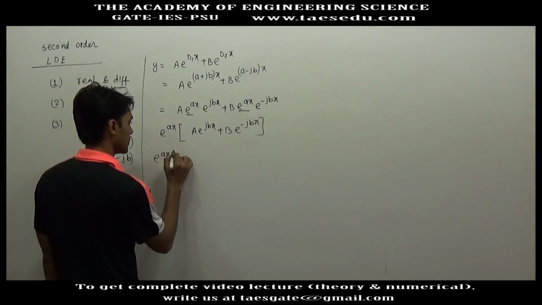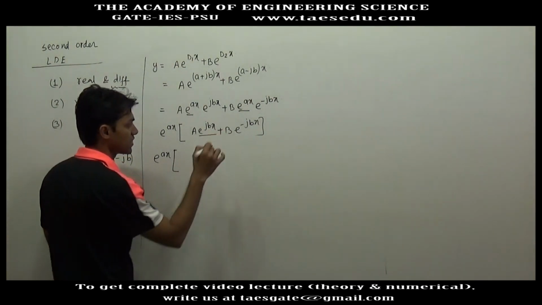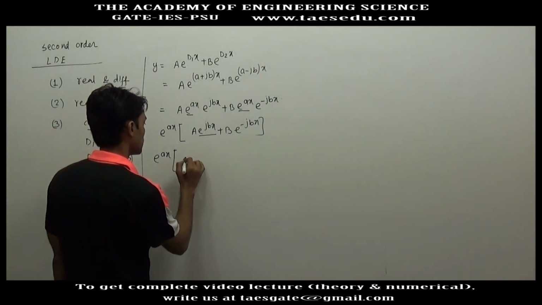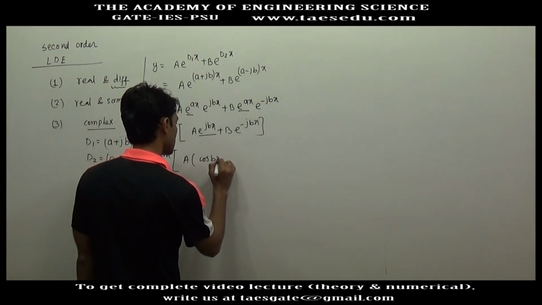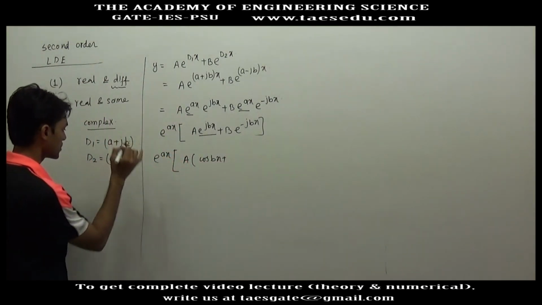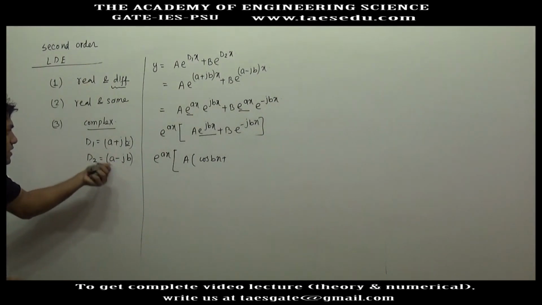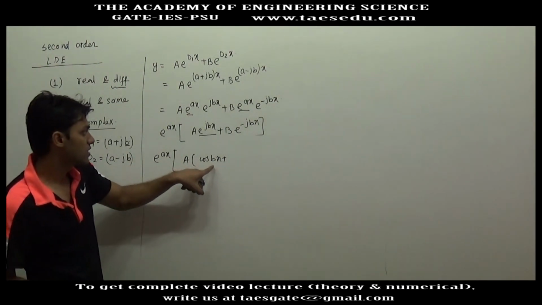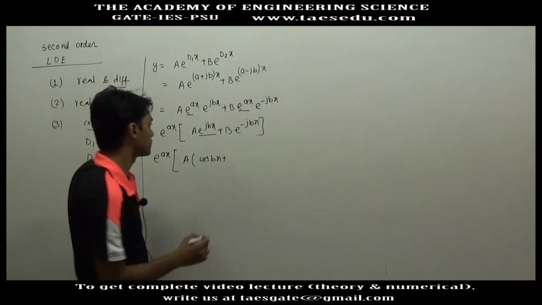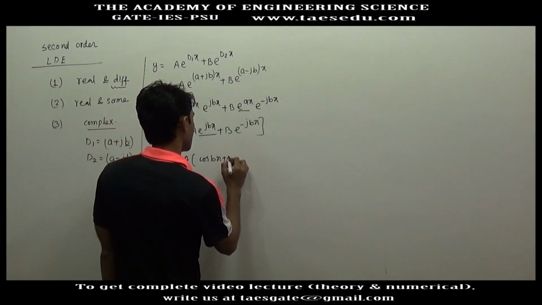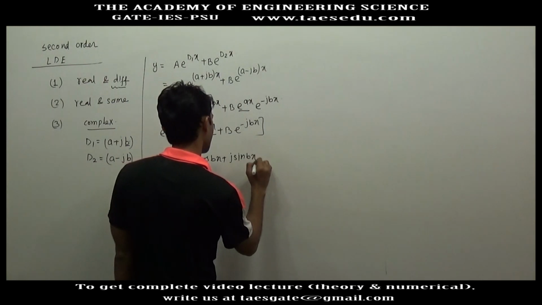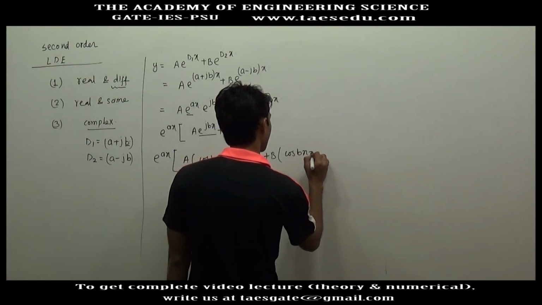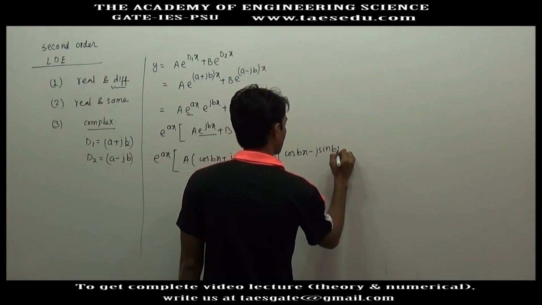So e to power ax into, this can be expanded in the form of sine and cos. a into cos bx plus, what is b? b is the imaginary part of the solution and a is the real part. So e to power the real part into x is taken common, and in the sine and cos terms we will have the imaginary part. Cos bx plus j sine bx, plus b into cos bx minus j sine bx.